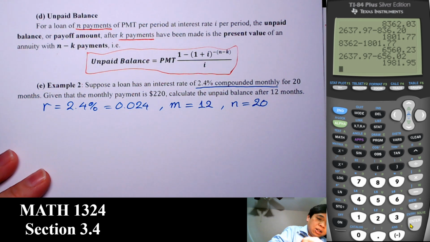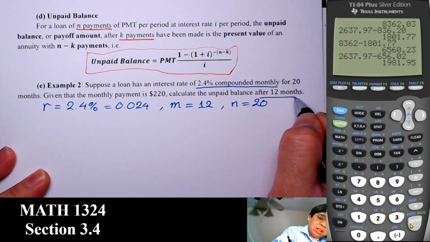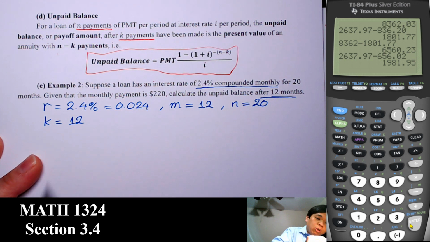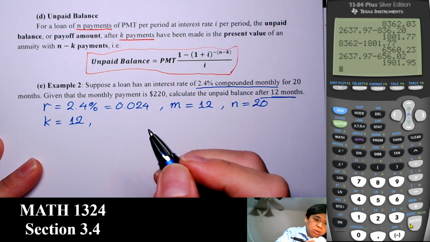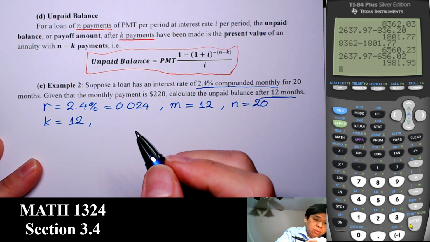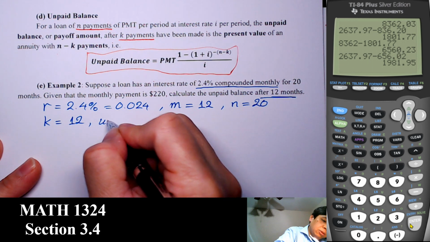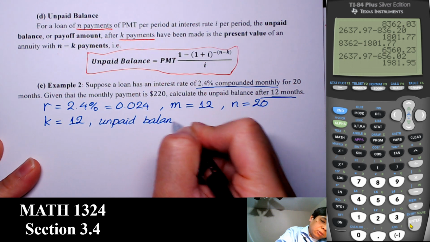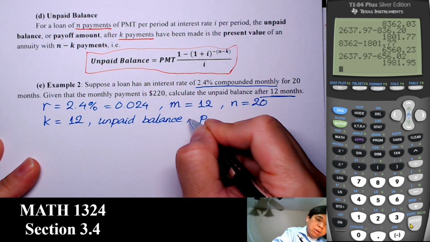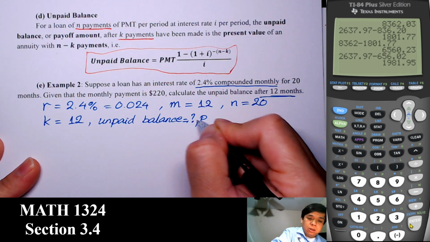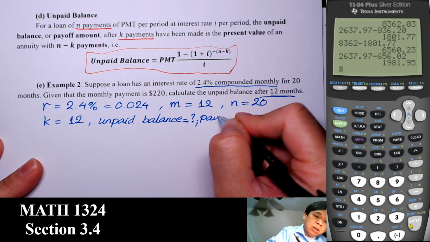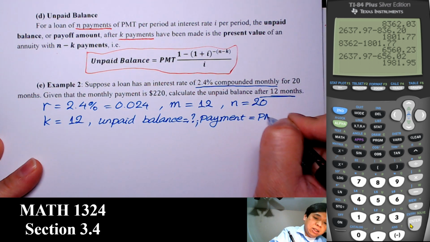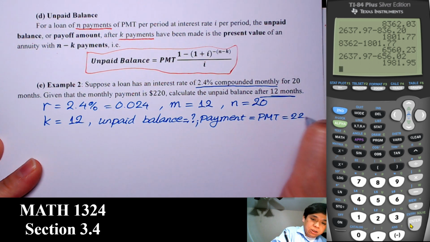Now we decide on the unpaid balance after 12 months. So after 12 months, k will be 12. What will be the unpaid balance? Given that the payment is equal to PMT 220.